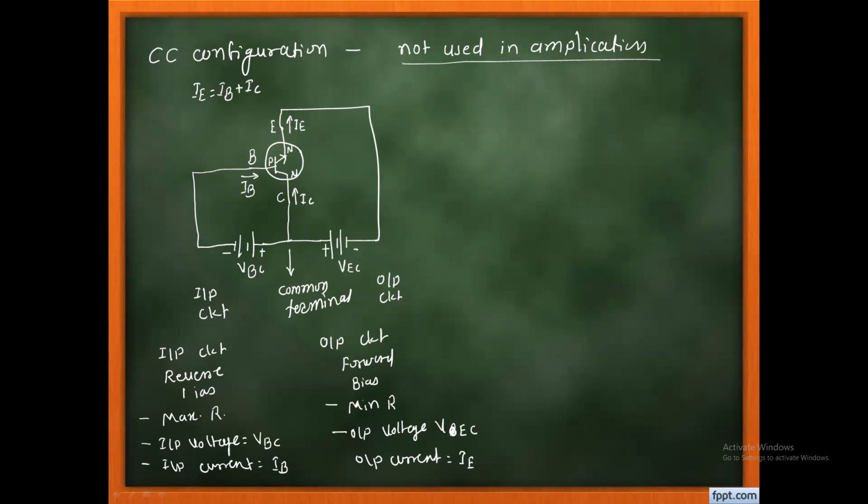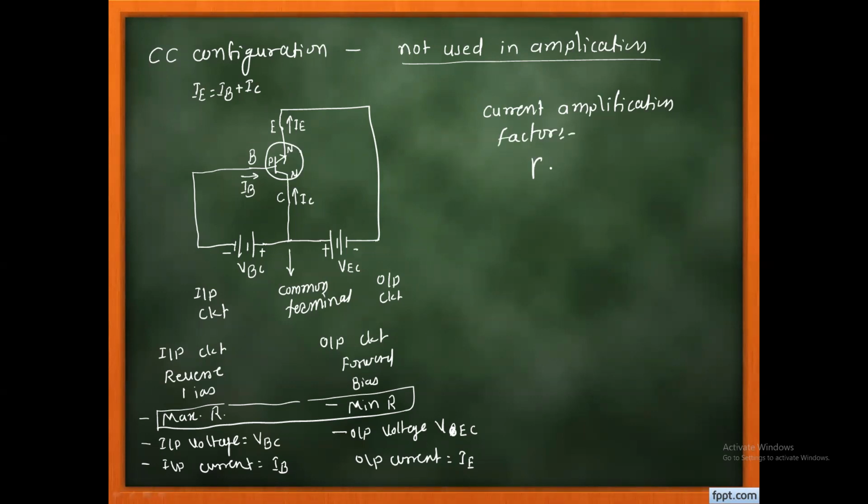Get it, my point? And as the basic criteria of this configuration is not fulfilled, I already said that it is not used in amplification. We will not discuss the input and output characteristics, but if we want to discuss the current amplification factor, in the common collector configuration it is denoted by the letter gamma.